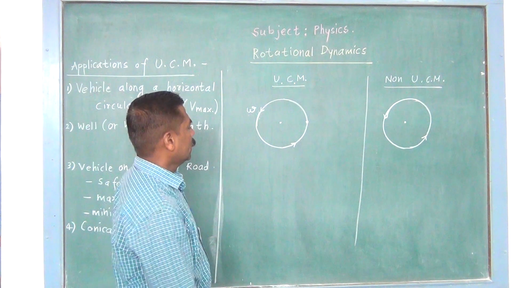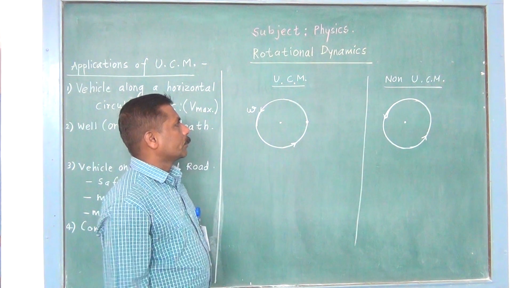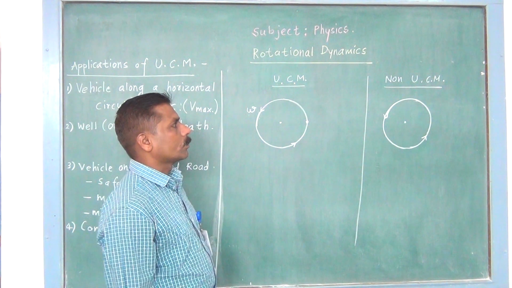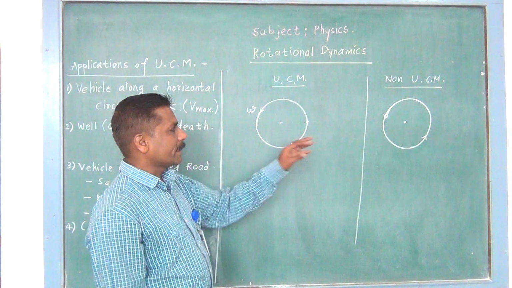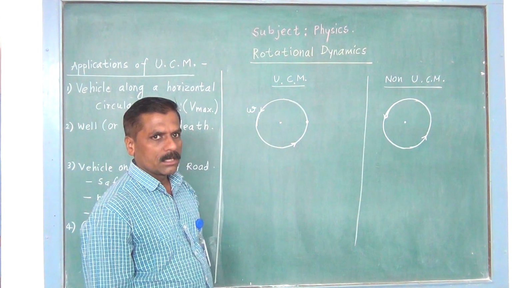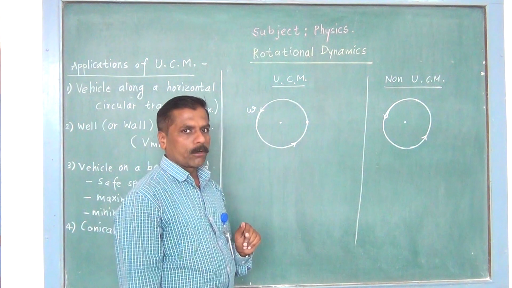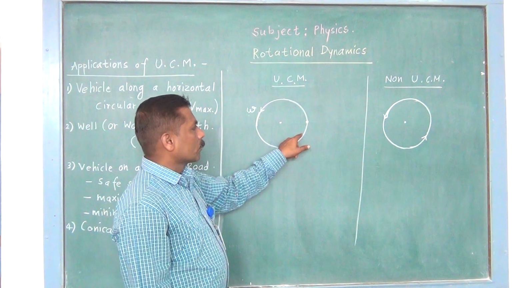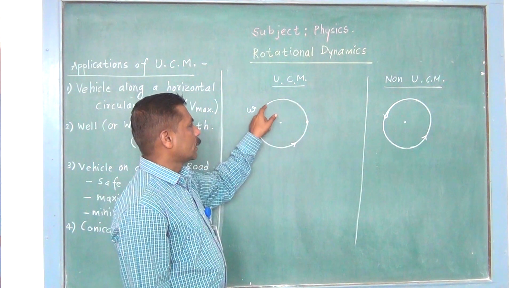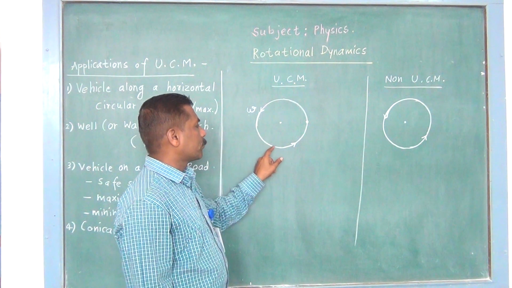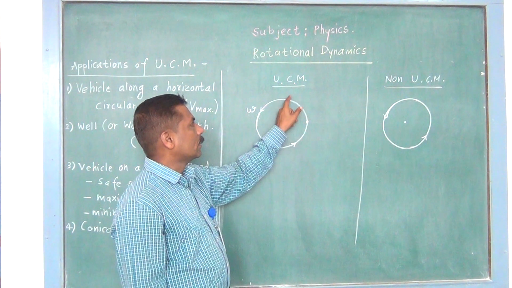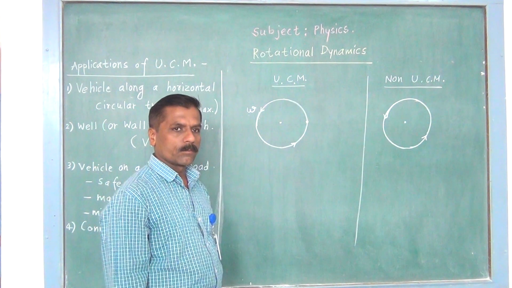Okay. So if we compare the uniform circular motion and non-uniform circular motion, you will find this is the diagrammatic representation. Again you will find the definition for this. The circular motion in which the linear speed or angular speed of the particle remains constant is called the uniform circular motion.